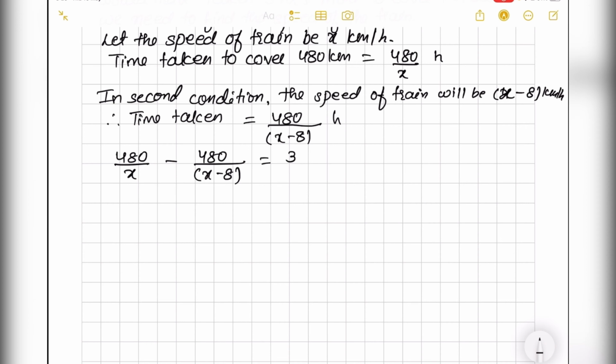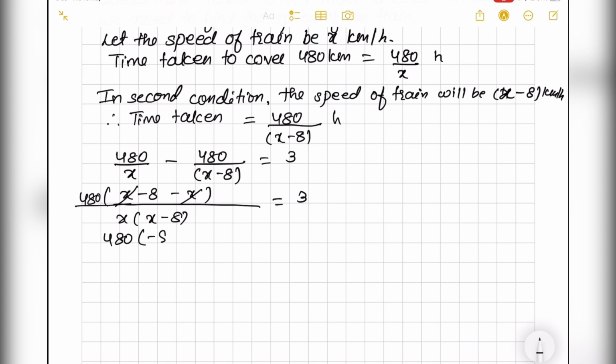Now if I do LCM here and take 480 common, so x minus 8 minus x upon x into x minus 8 equal to 3. So x cancels, so 480 into minus 8. Now the denominator I am taking on that side, so 3x into x minus 8.